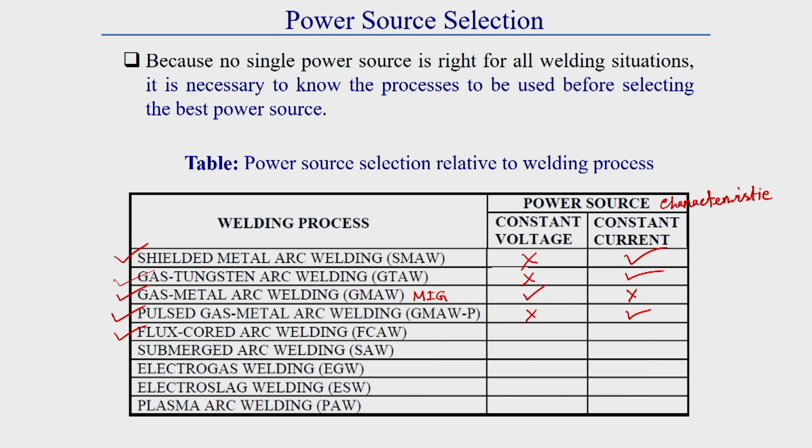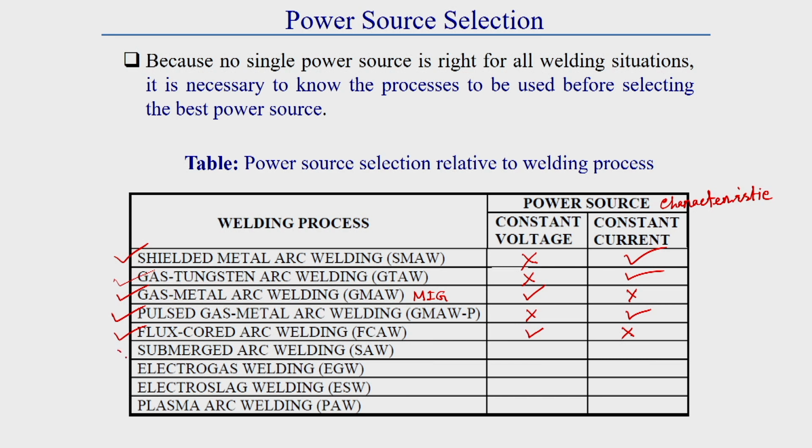Here, this electrode can be fed automatically. As it is an automatic and consumable welding process, a constant voltage power source characteristic is preferable. Here, constant current is generally not preferable.